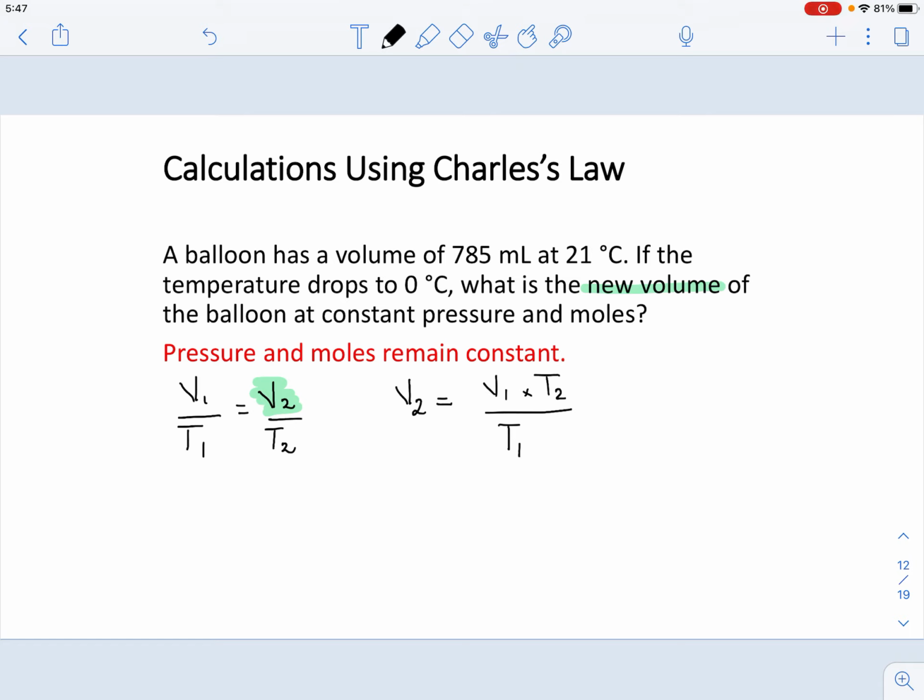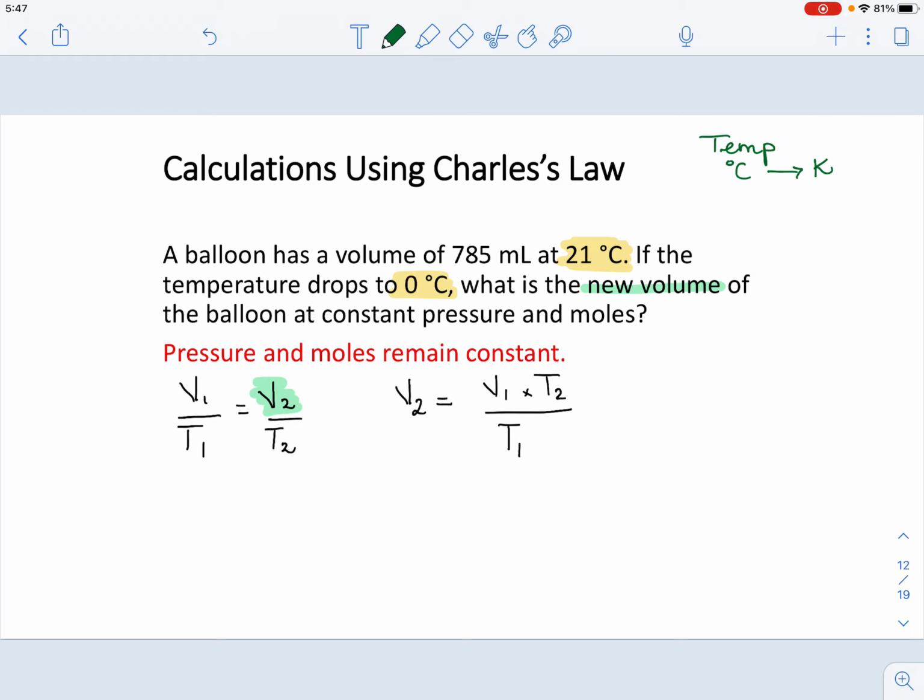Now, even before I start the problem, I must change the temperature units to Kelvin. It was given in Celsius, so I'm going to change it to Kelvin. How do we do that?